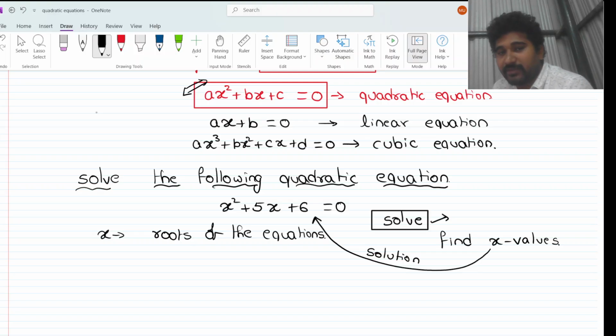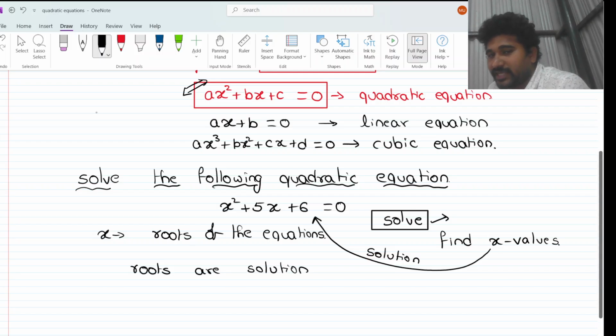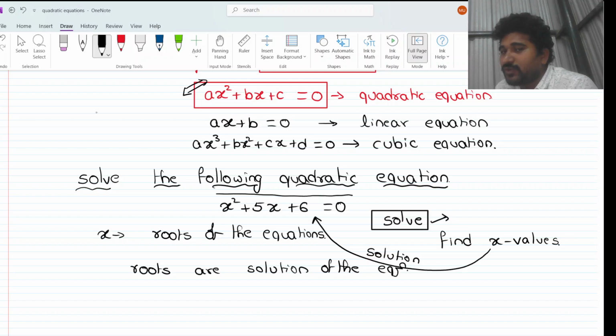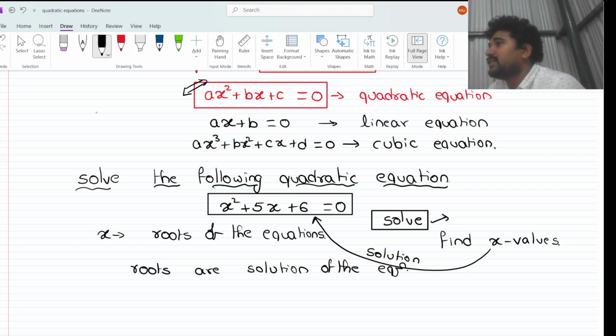Roots are solution of the equation. Clear? For example, get the x values which will satisfy this equation.